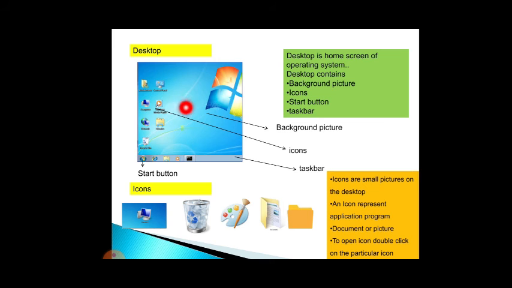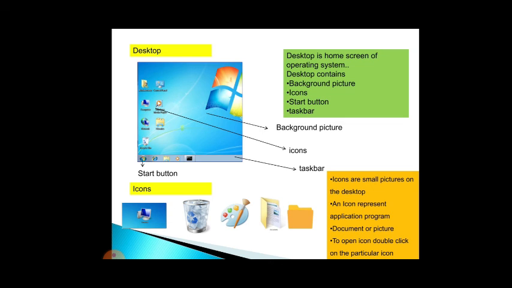An icon represents an application program, which combines with the operating system to do some particular task. The icon represents the application program, document or a picture. It can be a document or it can be a picture or an image.